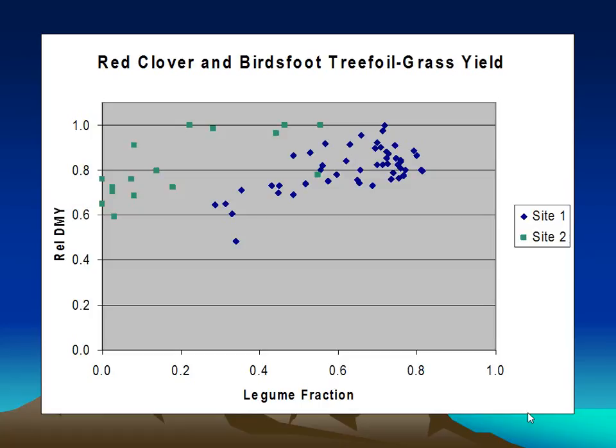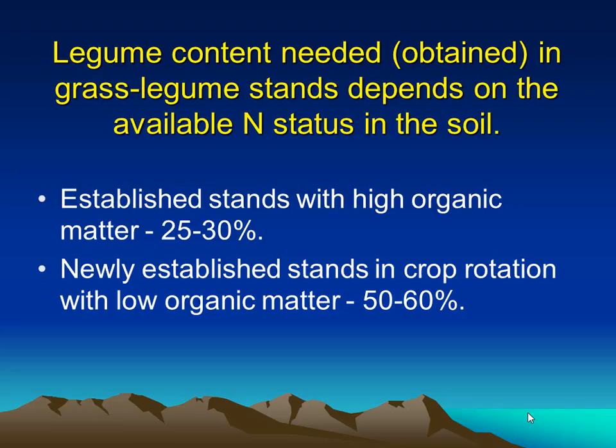Over on this site, the green site, this was a sod that we killed in the spring and planted in the spring, but this is the yield of the following year. You can see that in this sod that has a lot of organic matter, we only needed 20% legume in that site to maintain the nitrogen cycle. So most of our hay fields and pastures are this type of site, high organic matter. That's why we're recommending 20 to 30% legume.